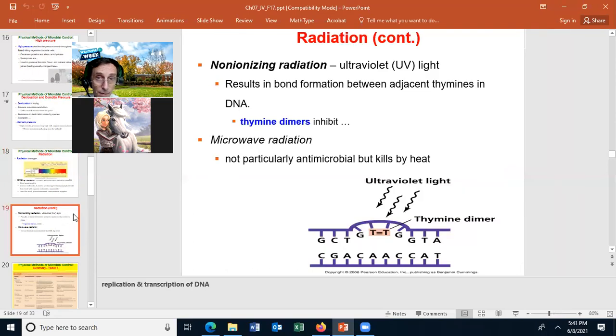Ultraviolet light only sterilizes the surface. So when you treat something with UV light, only the surface is sterilized. Things underneath the surface, if the surface blocks the UV light, will not be damaged by the UV light. Any questions about any of that?